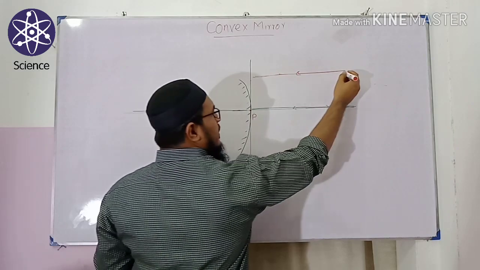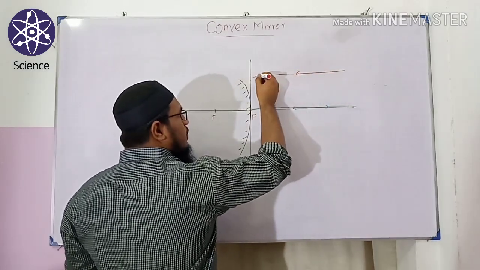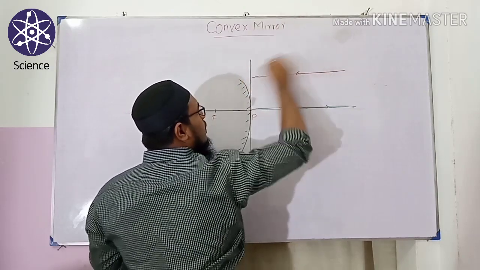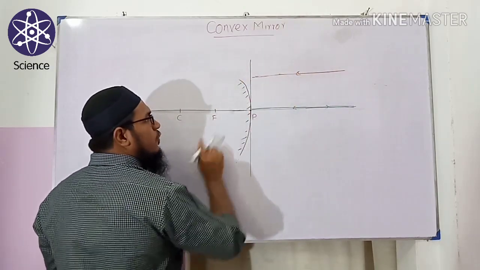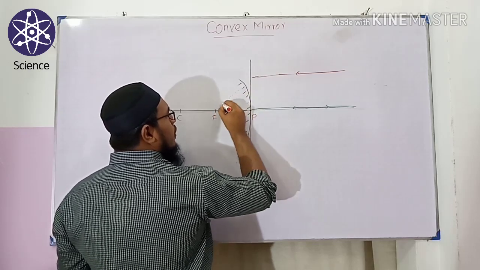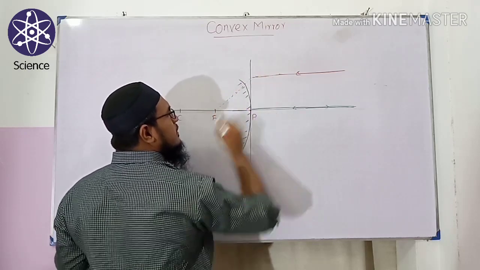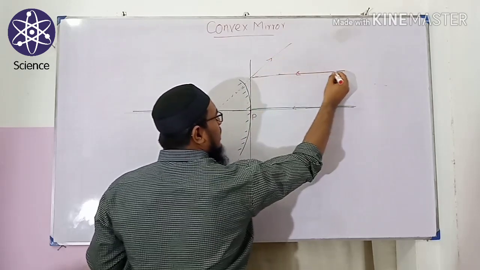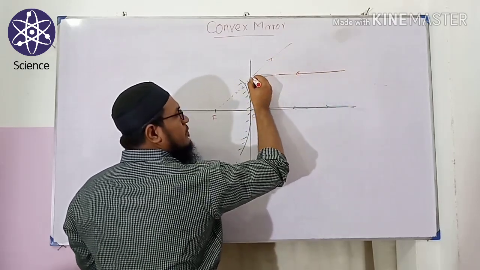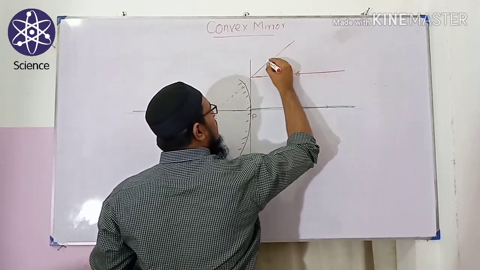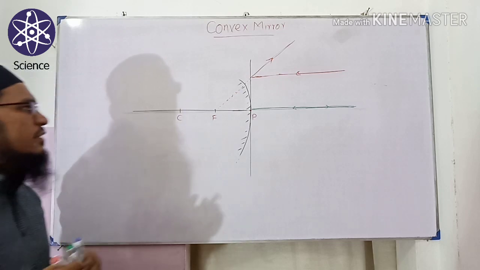That means the ray which comes parallel to the principal axis will get diverged, but whether it is going this way or this way is decided by the focal point. Therefore, from the focal point we draw a dotted line towards this, and from here we draw the straight line. So the parallel ray gets diverged in this direction. That is the second theory.